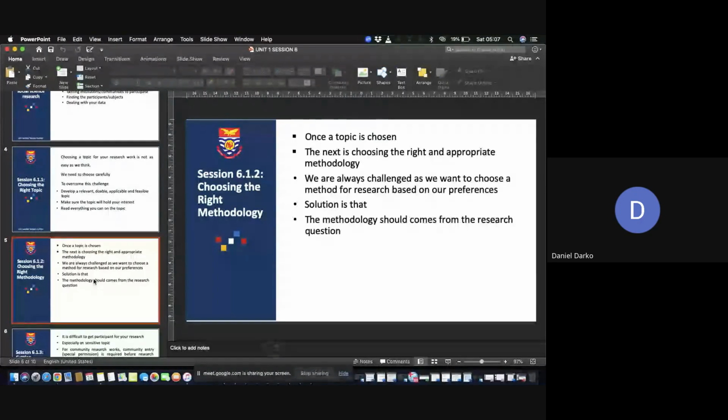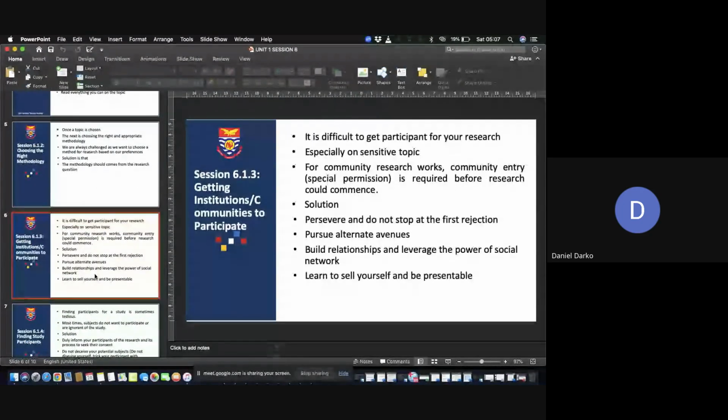If a topic demands qualitative, then you are doing quantitative, then it's also a problem. So choose the method you are comfortable with, or which you think is better for you. So sometimes it's a challenge choosing the right methods for your research.